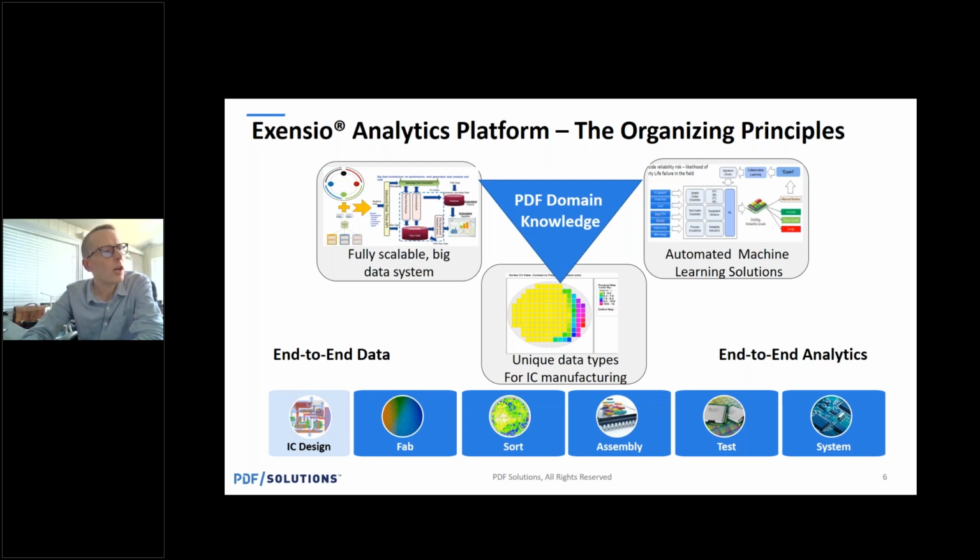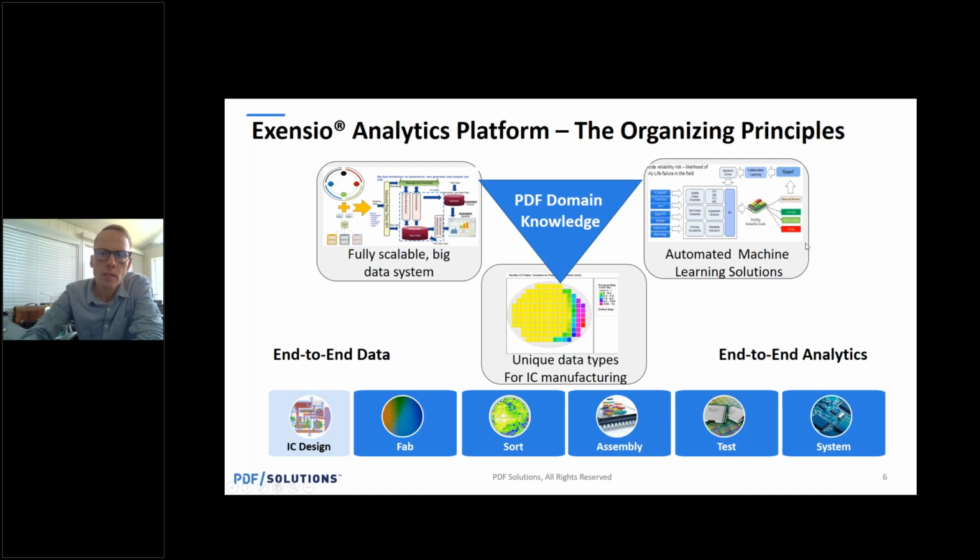All of this is built on a fully scalable big data analysis platform. To put that in perspective, many of our customers count their databases in the hundreds of terabytes today, with scalability well beyond that figure. Couple that with unique data types that PDF provides.